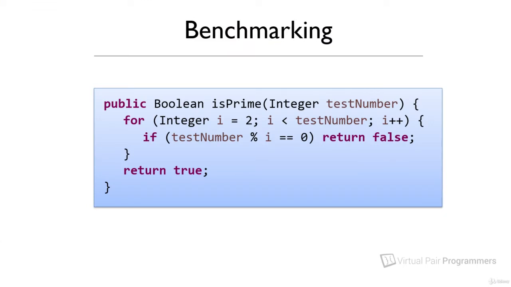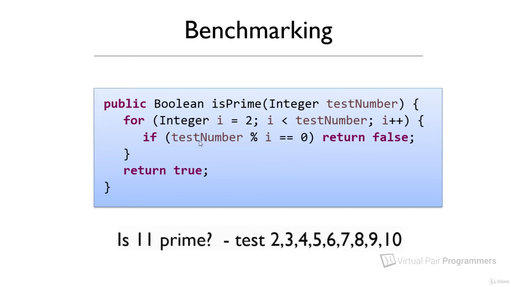And the second optimization is, well, let's imagine we wanted to know, is the number 11 prime? Right now, what this code is doing is running a loop from 2 up to 10 and seeing whether any of those numbers can be divided into 11. So we're testing in this instance the numbers 2, 3, 4, 5, 6, 7, 8, 9, and 10. Well, the change we can make is that actually we don't have to go all the way up to the number just below the number we're checking.